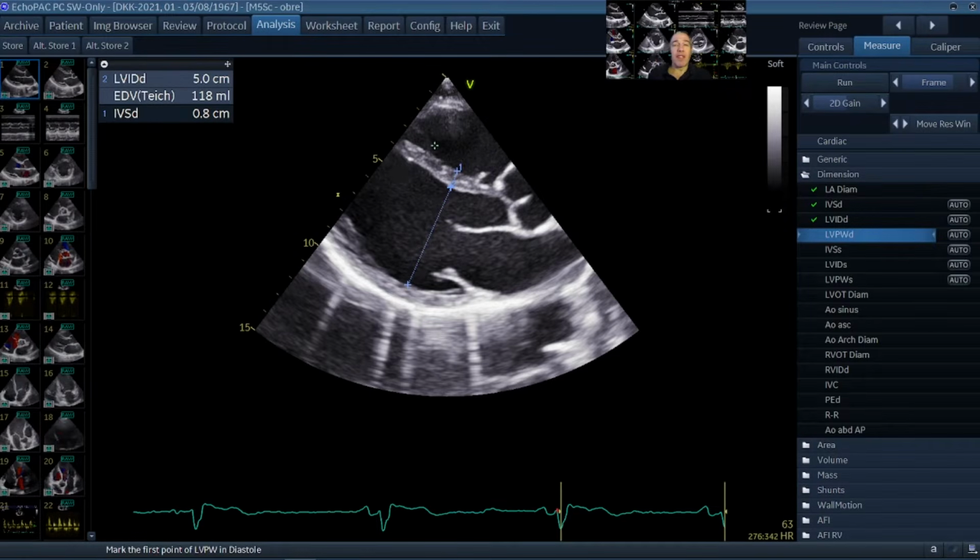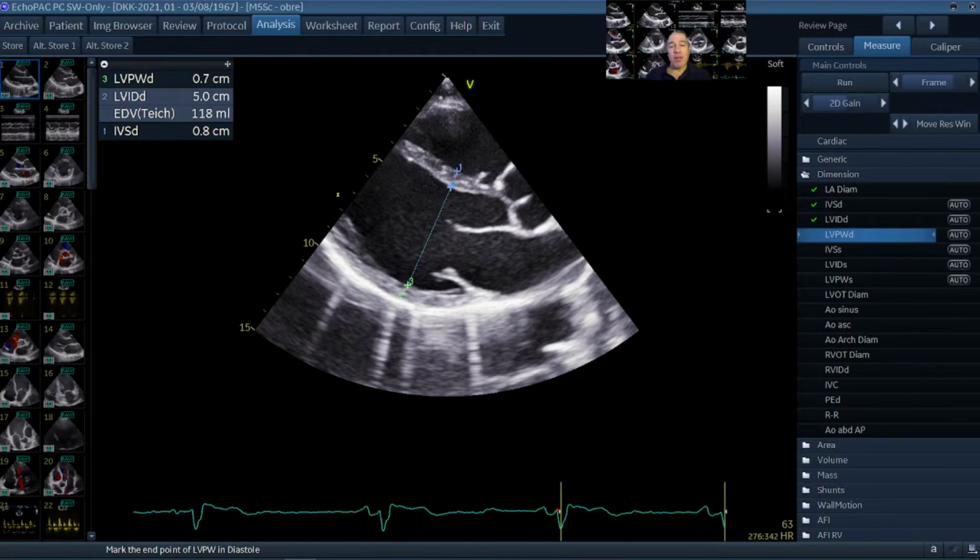That gives us a diameter of the septum of less than 1 centimeter, so there's clearly no hypertrophy, and we have a left ventricular internal dimension of 5 centimeters or 50 millimeters, which is also within the normal range for this woman, who is 173 centimeters tall.